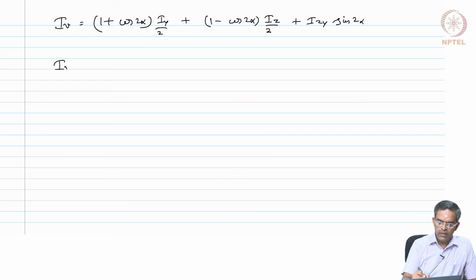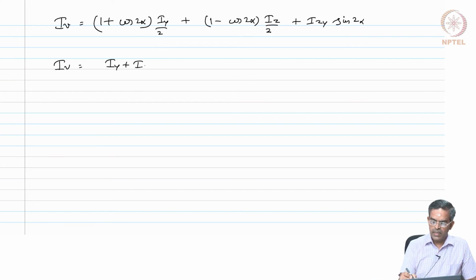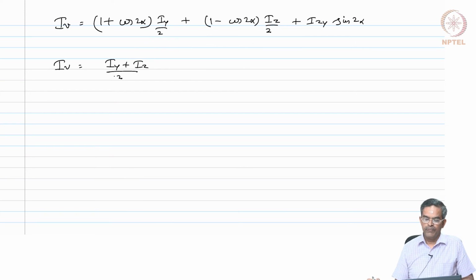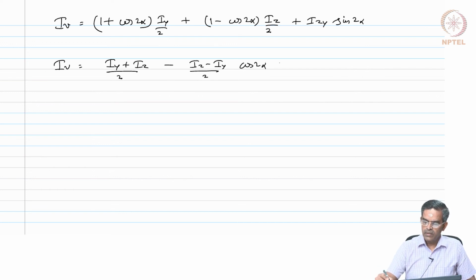Now, Iv can become (Iy plus Iz) by 2 minus (Iz minus Iy) by 2 of cos 2 alpha plus Izy of sin 2 alpha.